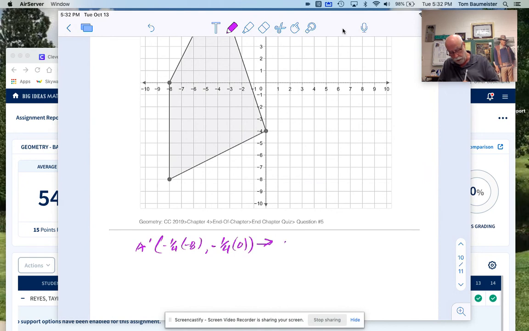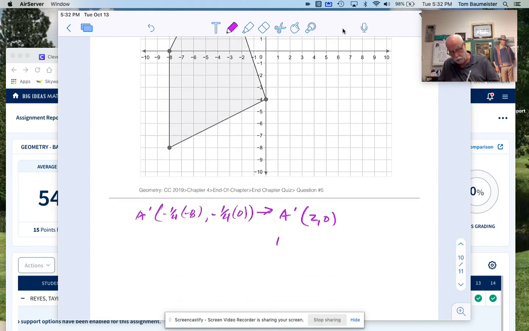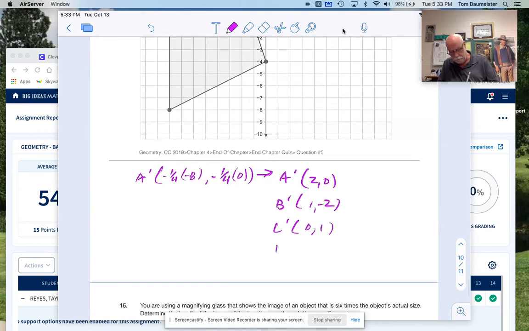So our A prime should be at (2, 0). I'll just tell you what the other ones will be. B prime will be at (1, -2). C prime will be at (0, 1). And D prime will be at (2, 2).